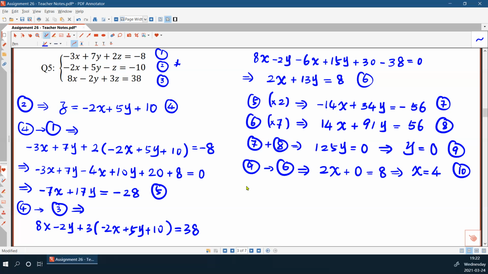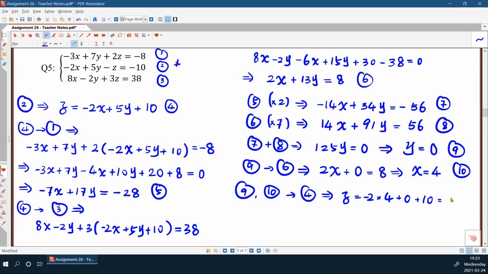Then you can put number 9 and number 10 into either equation 1, 2, or 3, right? Or 4. So let's put it in 4. So that will give you minus 2x, means minus 2 times 4, plus 0, plus 10.